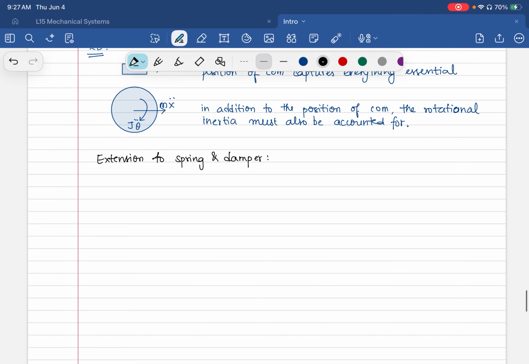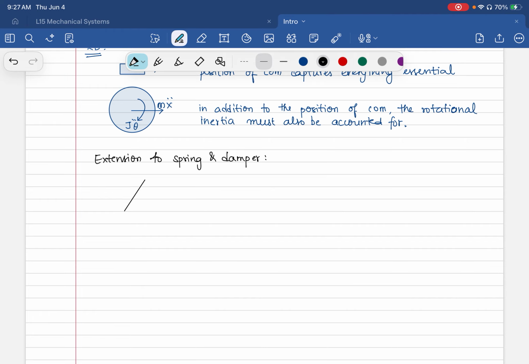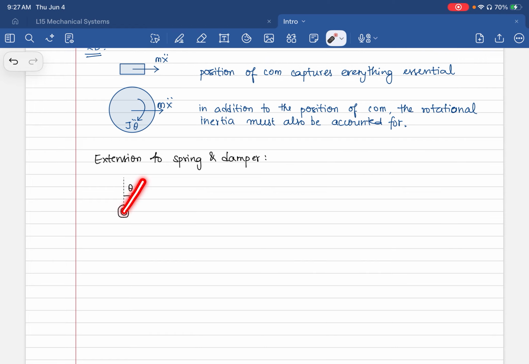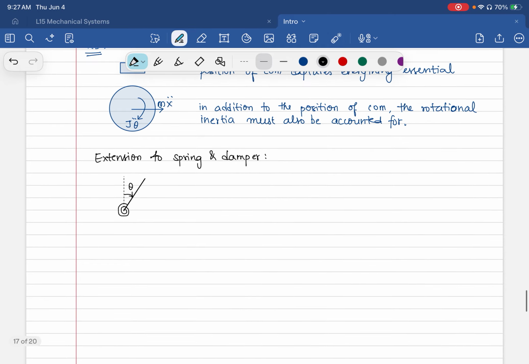Now, if we had a torsional spring that is attached to some rigid bar, maybe it looks like this, and its undeflected position was somewhere here, this vertical position. Now, if this bar has been rotated from the original position by theta, then this torsional spring will exert a restoring torque of, if it has a torsional spring constant of kt, then a restoring torque of kt times theta will be applied to whatever object is attached to it.